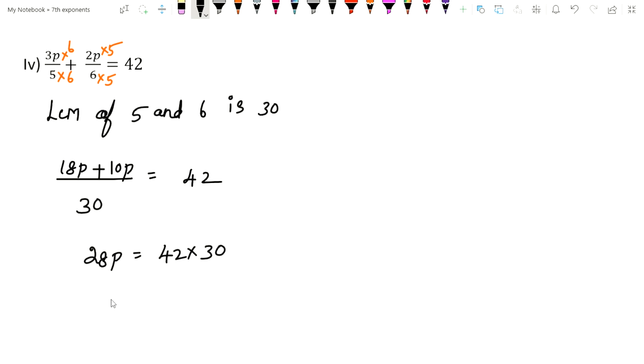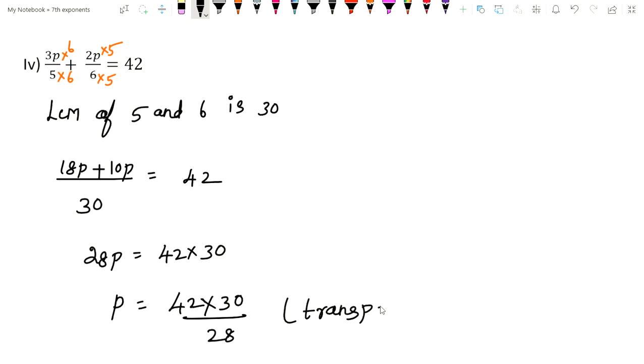Okay. Next. P equal to 42 into 30 divided by 28, because multiplication will change to division on the other side.